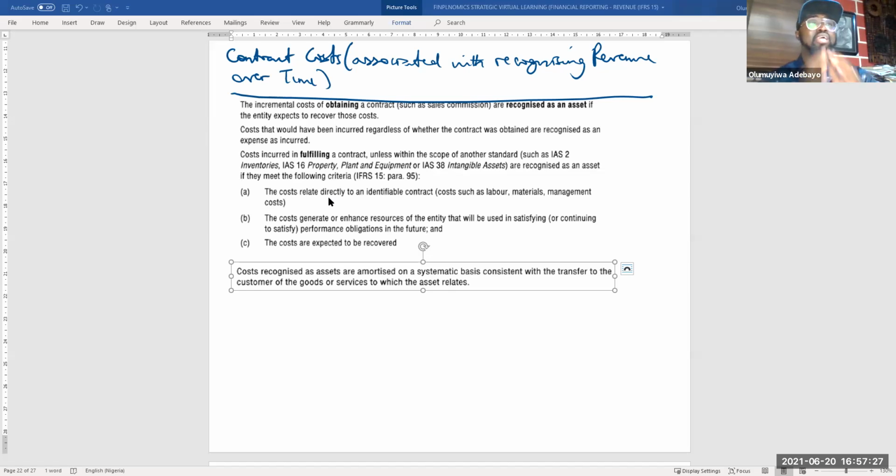But for things like construction contracts, project management and so on, they are performance obligations that an entity is expected to perform over time. And therefore, such promised good or service will be delivered over time.